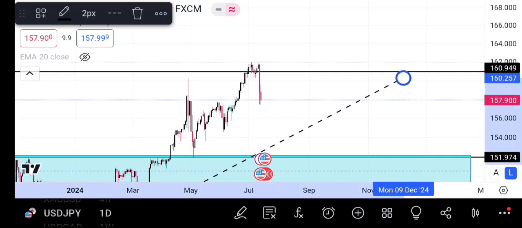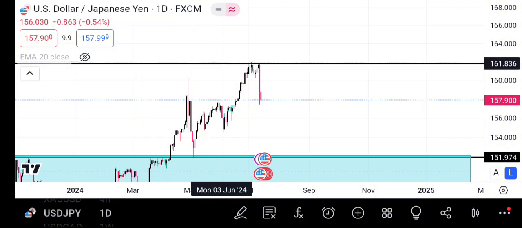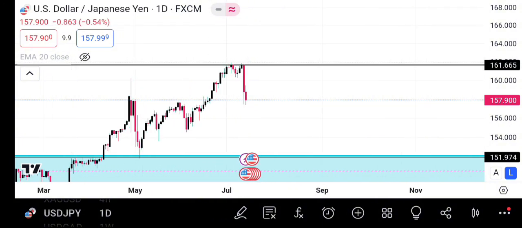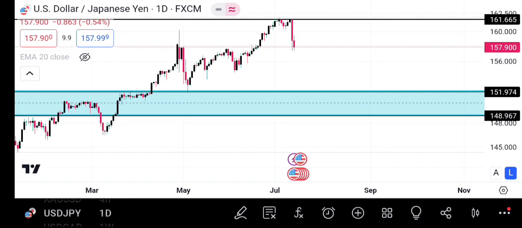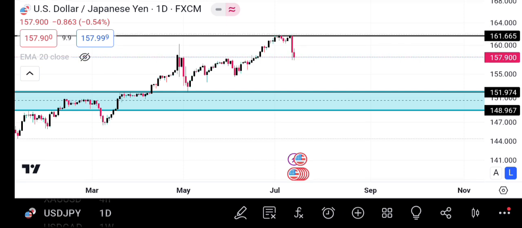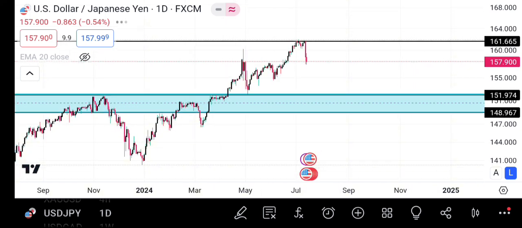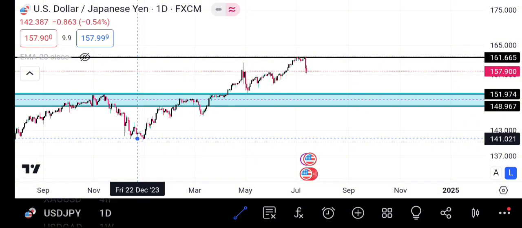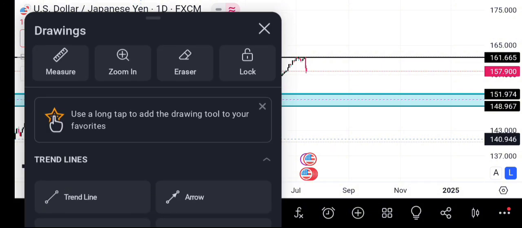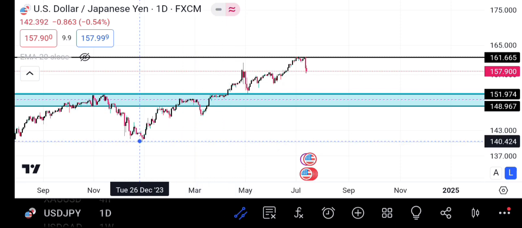So let me just get this out. Double top that I see, which is an M that I see. So what I'm going to do is use the parallel channel.